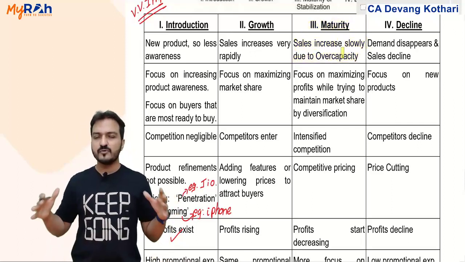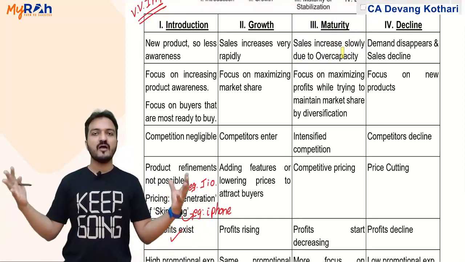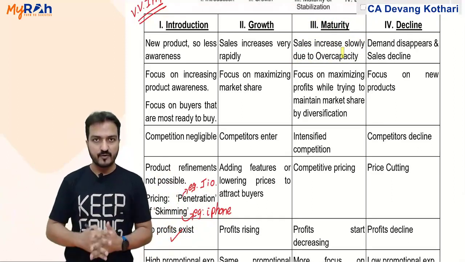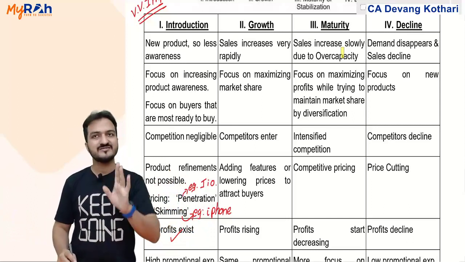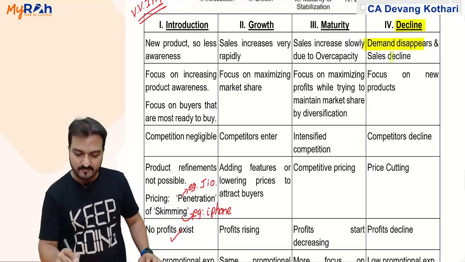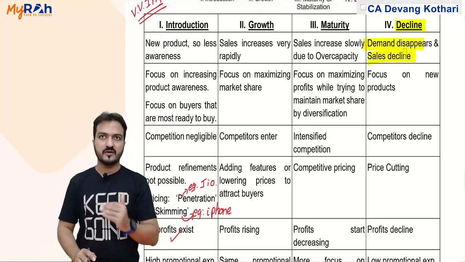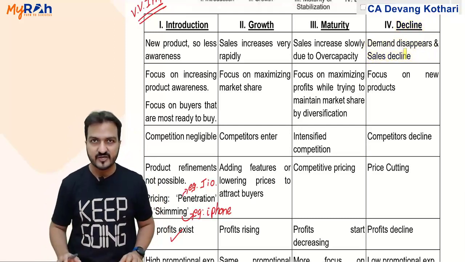Why? Because by the time of the maturity stage, there are so many competitors selling the same product. So your sales will increase very slowly, maybe even start decreasing. And during the decline stage, the demand will disappear and the sales will rapidly decline. That is my decline stage. So these are the meanings of the stages.